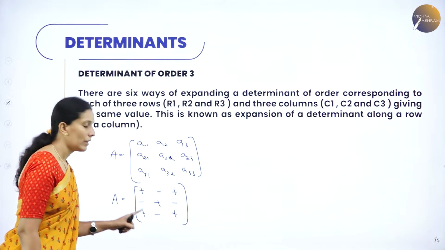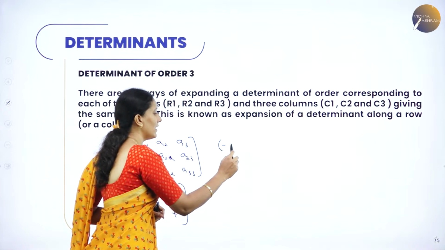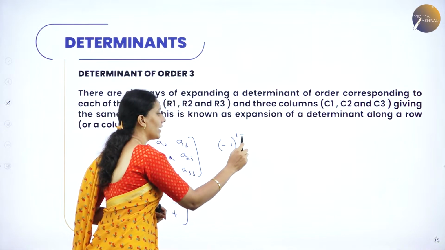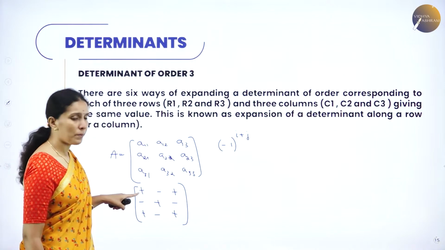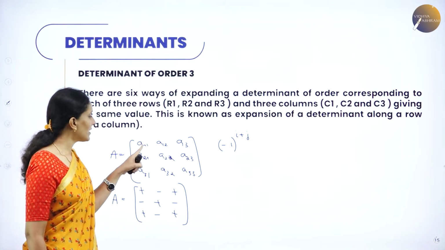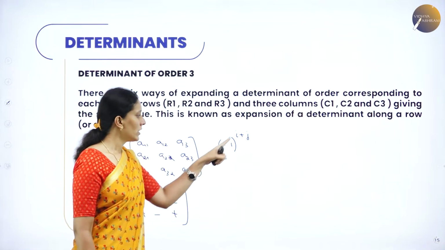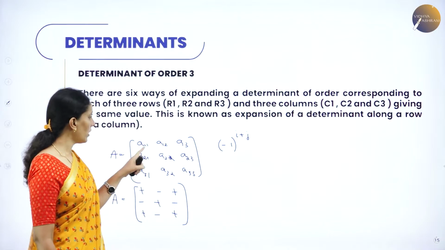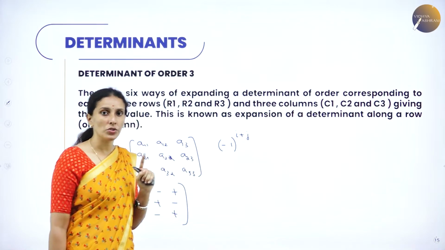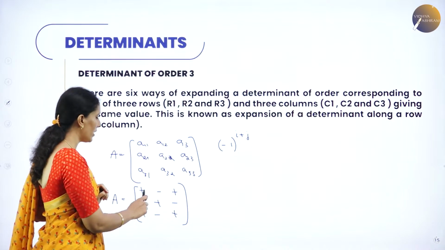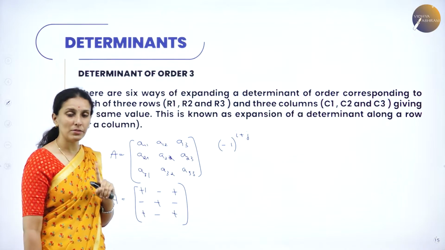How is this given here? See here, the position of a sign is evaluated with this formula. So for the first position, that is first row, first column, i is nothing but row, j is nothing but column. So here both are 1 and 1. 1 plus 1 is 2. Minus 1 whole square is plus 1. So symbolically we just write it as plus.